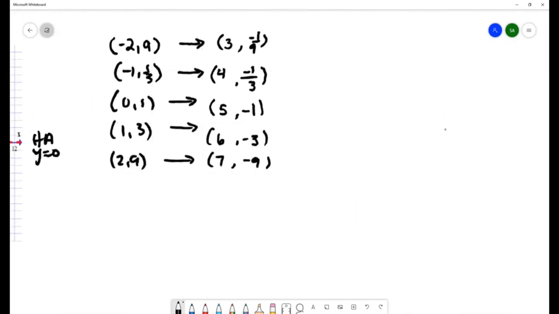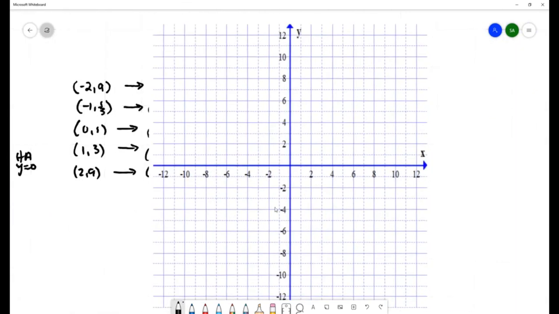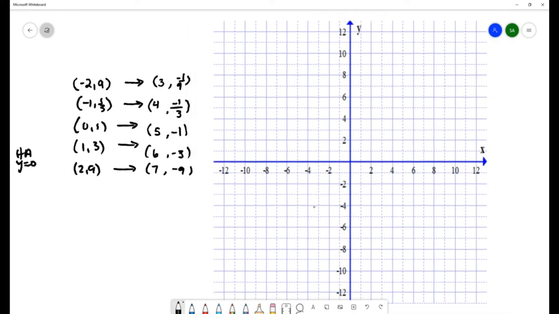So let's see what that graph looks like. With my new ordered pairs, I have 3 and -1/9, 4 and -1/3, 5 and -1, and 6 and -3, and 7 and -9.